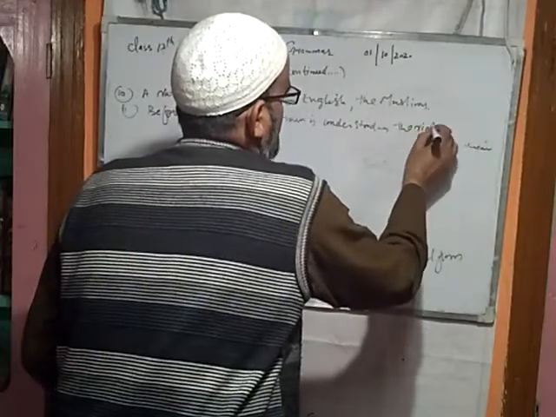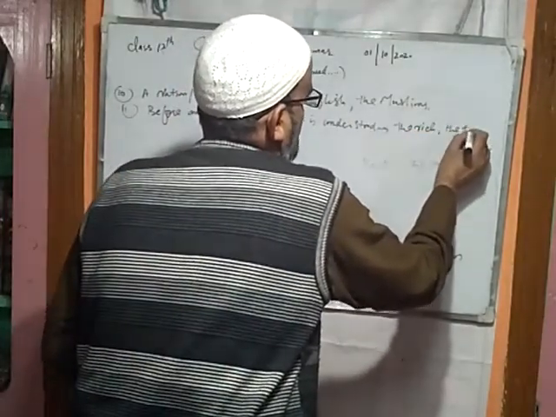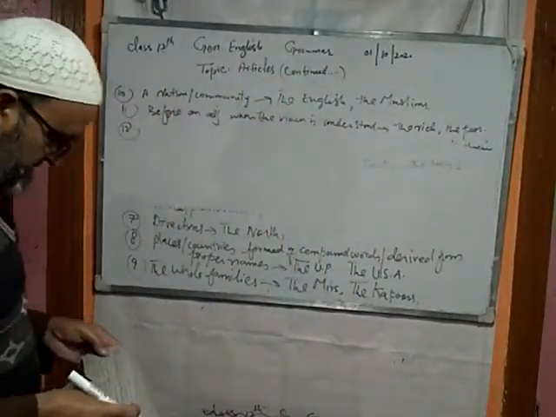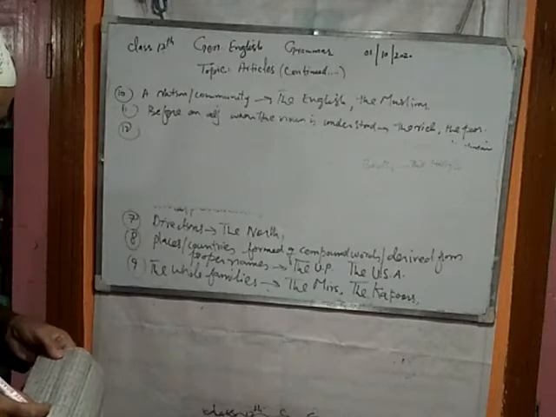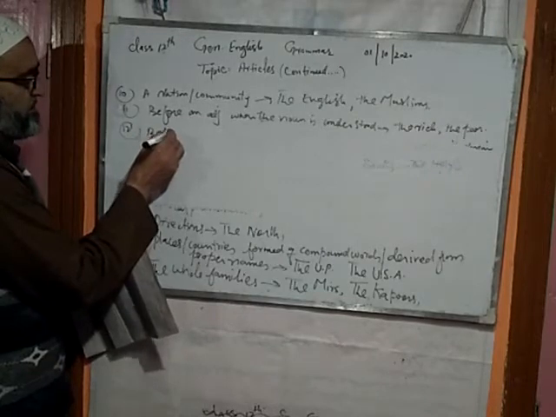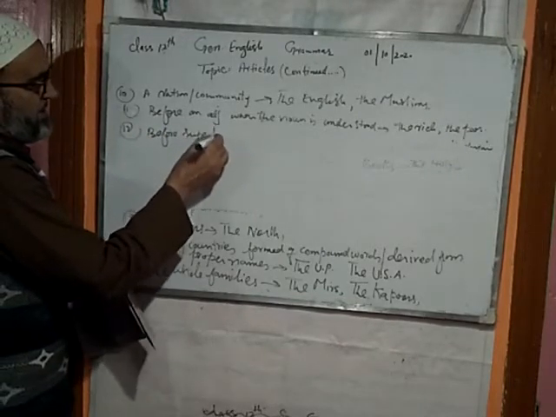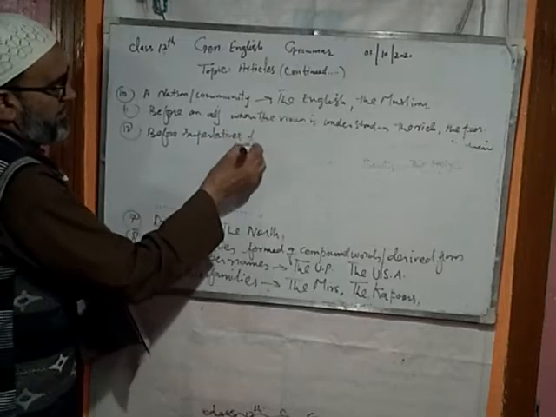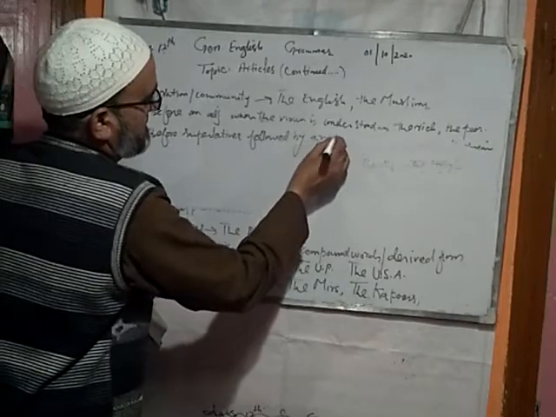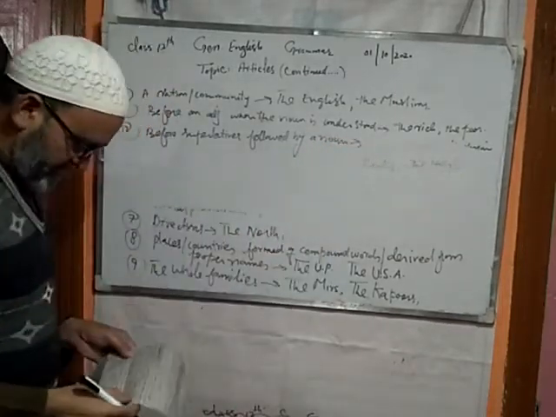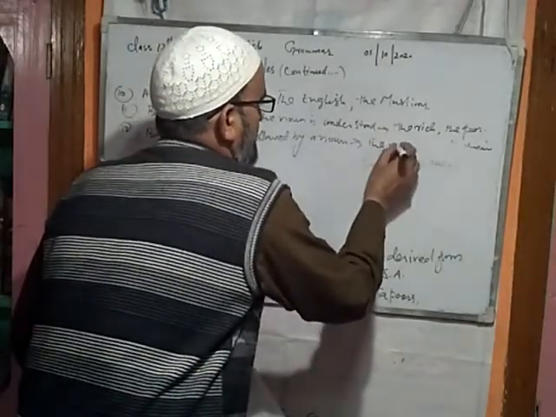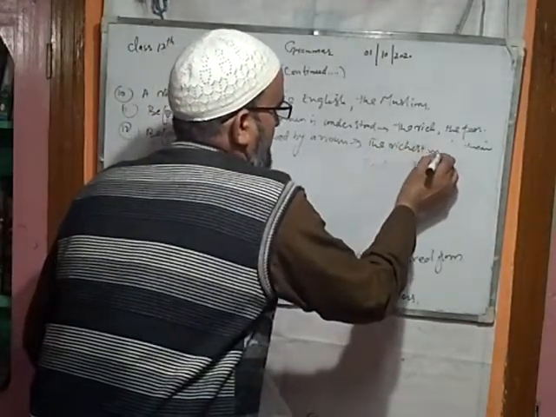Number 12, before superlatives followed by a noun, for example, the richest man.